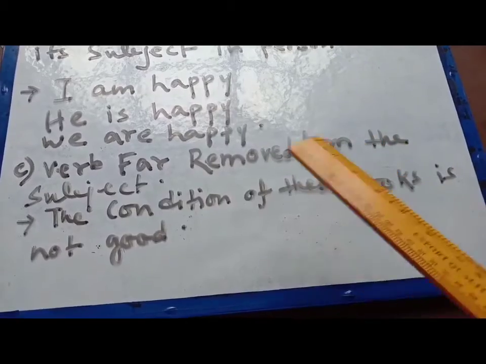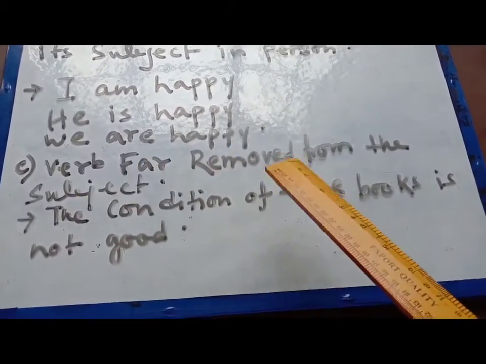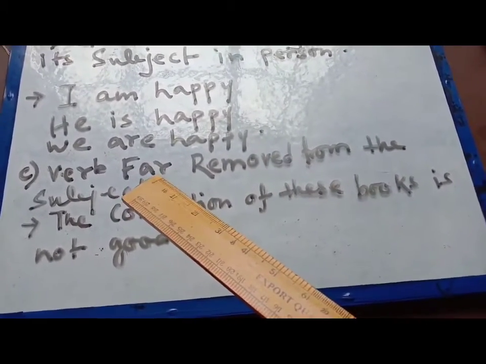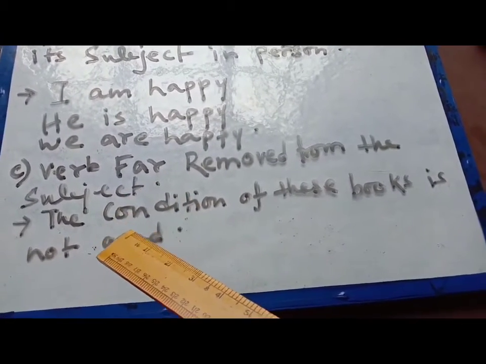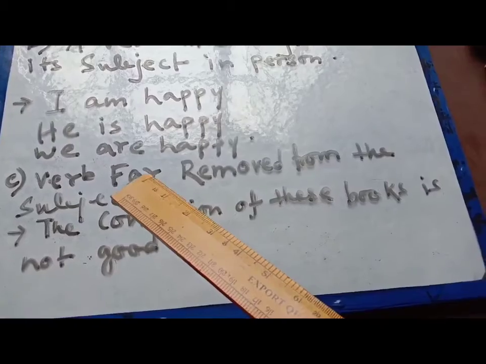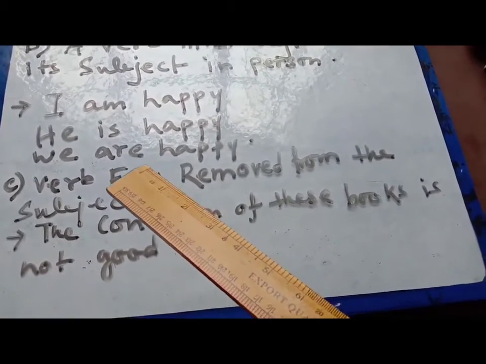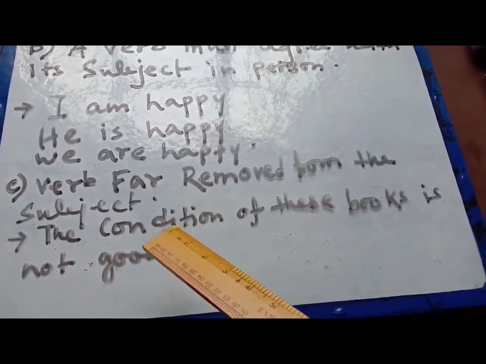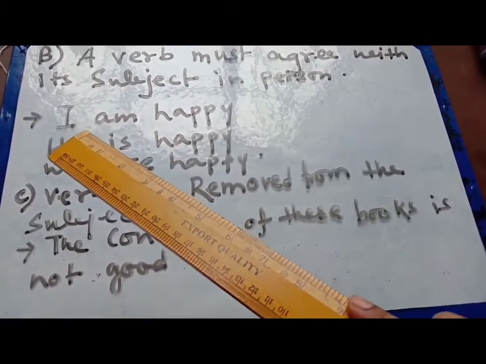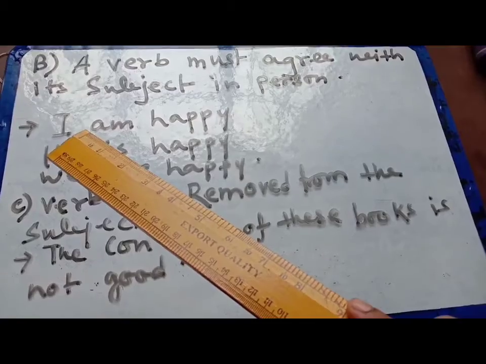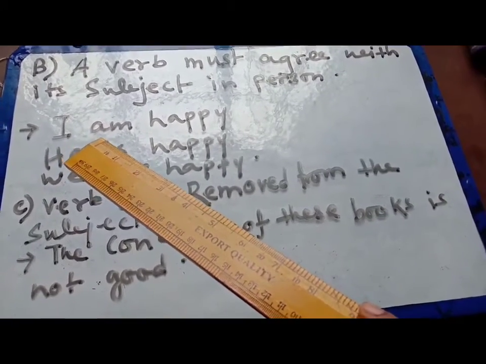Far removed from the subject. Far removed from the subject means, usually the verb is placed very close to its subject, just like in the previous sentence.